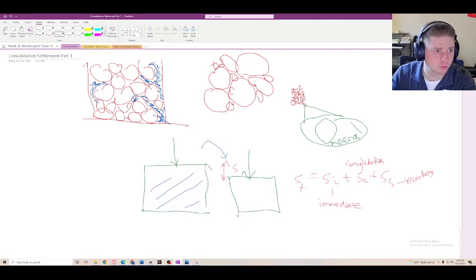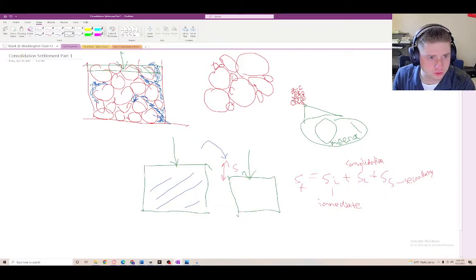As you squeeze down on the soil, the soil is gonna originally be up here, and then once you squeeze down, you're gonna lose some voids, and then this soil is gonna become dense.